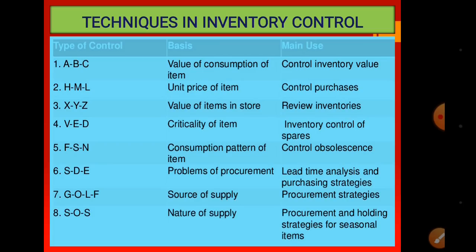Next type is GOLF. This is done on the basis of source of supply, and the main use is procurement strategies. SOS, this type of control is done on the basis of nature of supply, and the main use is procurement and holding strategies for seasonal items.